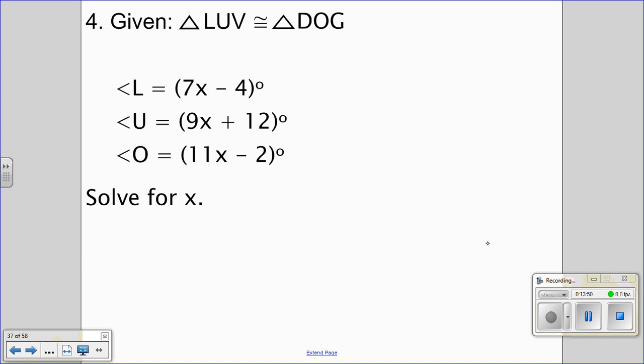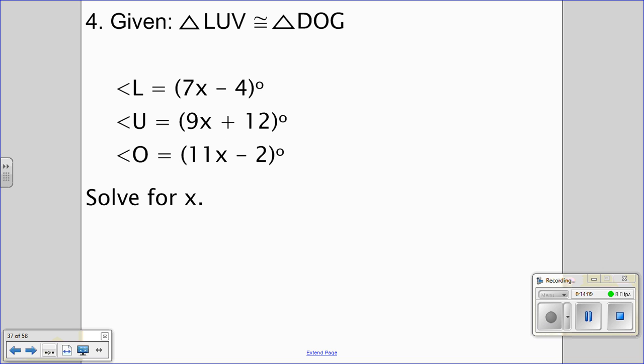Now for number 4. They tell you that triangle LOVE is congruent with triangle DOG, and then they provide us with 3 of the angles. Only 2 of the angles provided are congruent, and those will be the 2 that we'll use to solve for x.